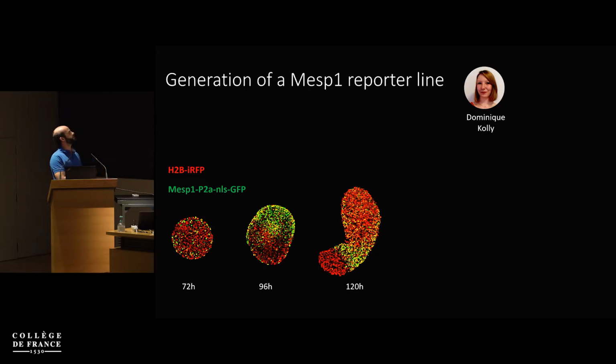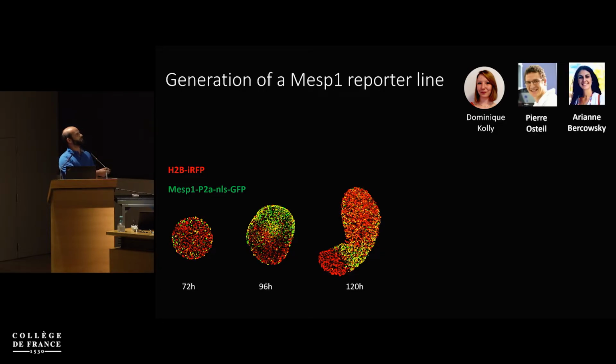So what Dominique did then is that she generated a reporter line to be able to perform live imaging of this process. She inserted GFP with a nuclear localization signal into the MESP1 gene, and this allowed us to get an expression that resembled very strongly the expression of MESP1.